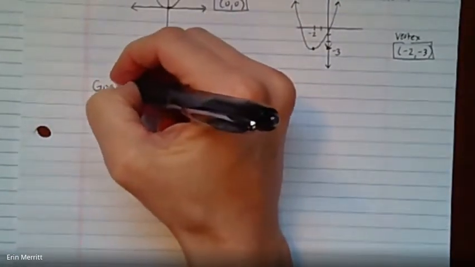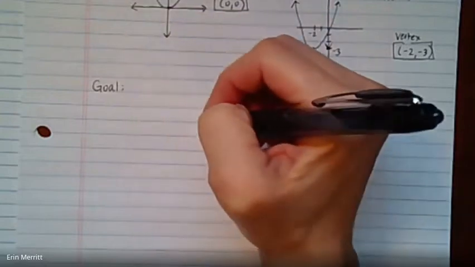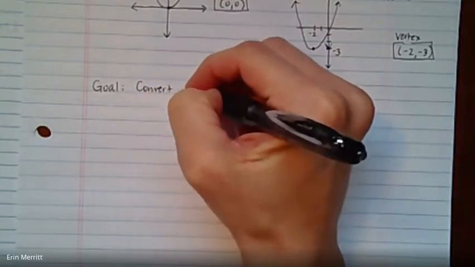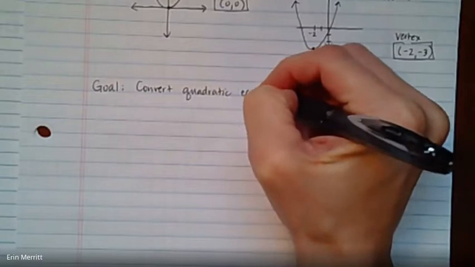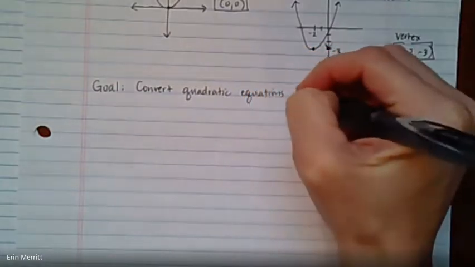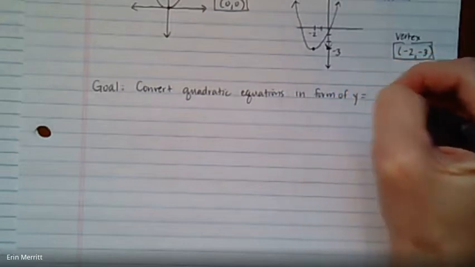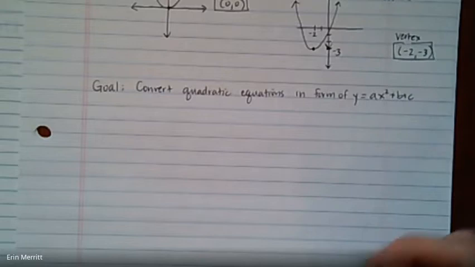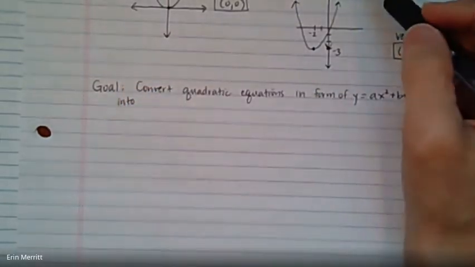So our goal for today is to complete the square, or let's convert quadratic equations in the form of y equals ax squared plus bx plus c into what is known as vertex form.